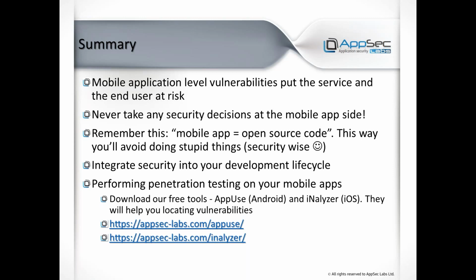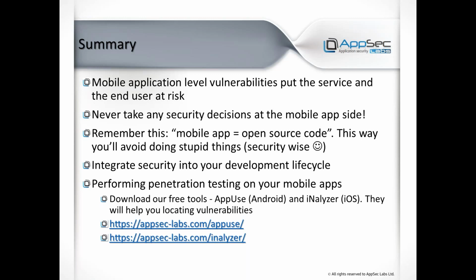Always remember to not take security decisions on the mobile app. So if you're a developer, make sure you're not making any security decisions at the client, because it can be patched. And if you're a pen tester and you find security decisions at the client side, it usually means that you found a vulnerability.